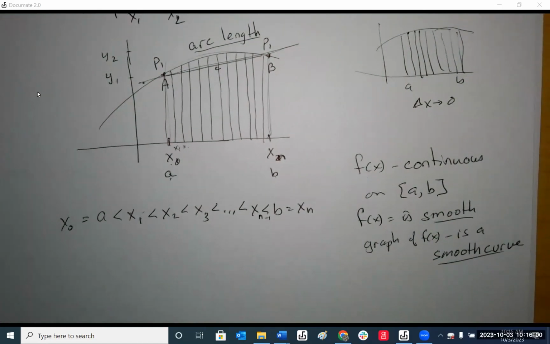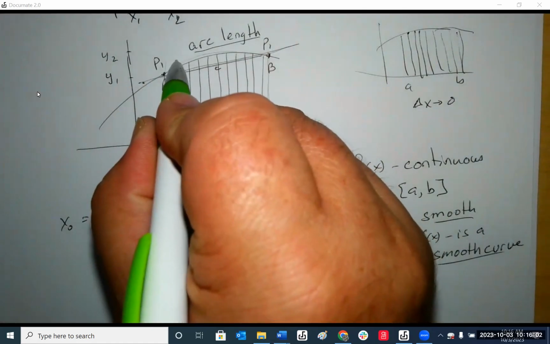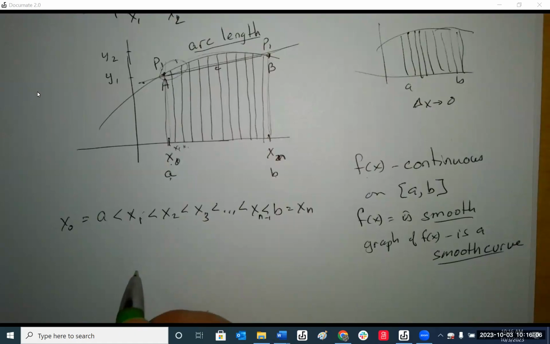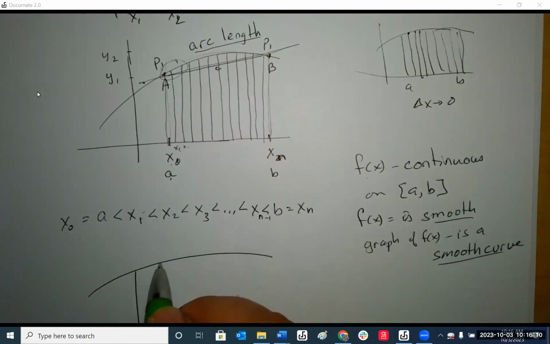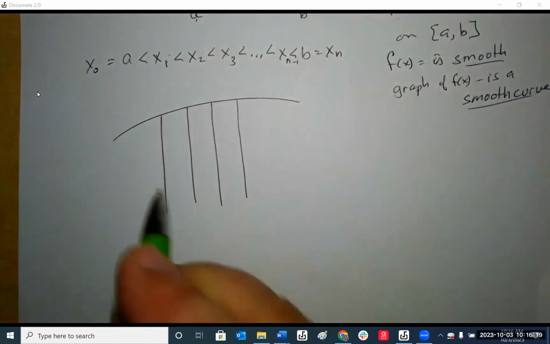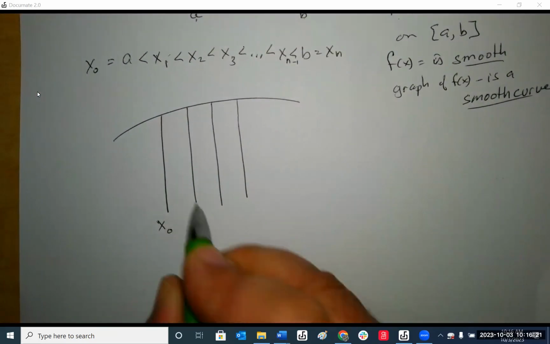Now, how's that going to help us? If we just look up here really close, we have our curve. We have our slivers. This is the sliver of x sub 0.